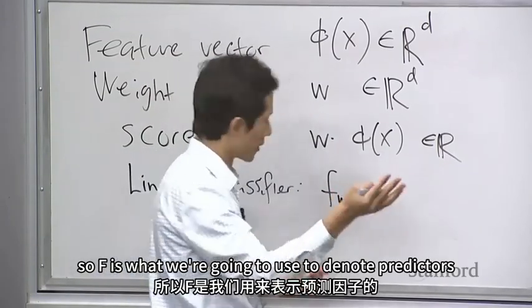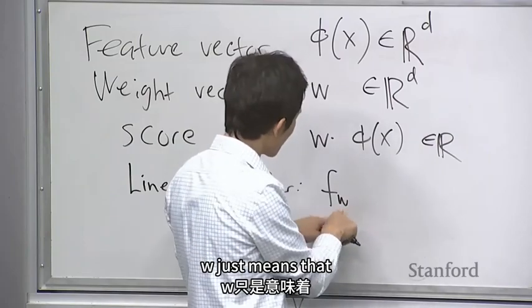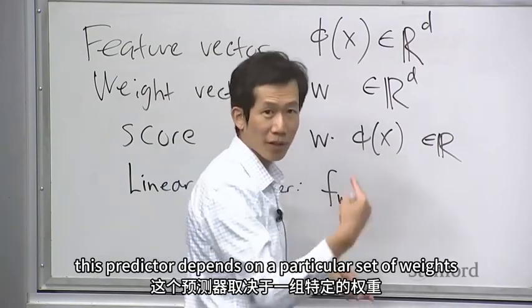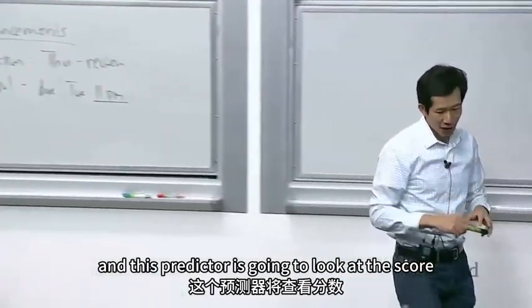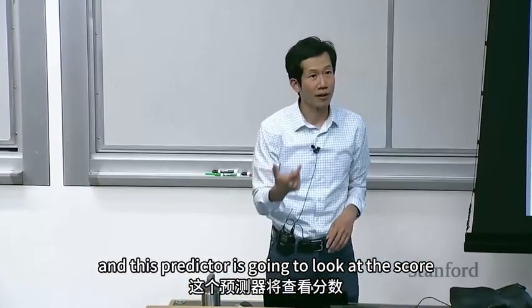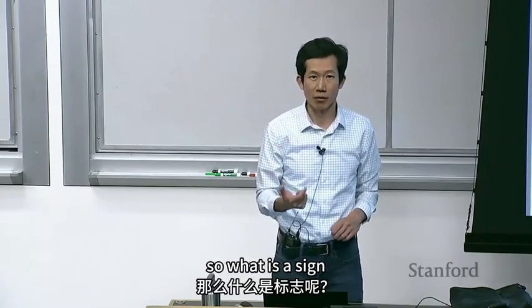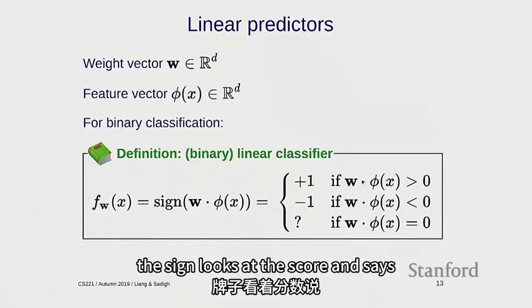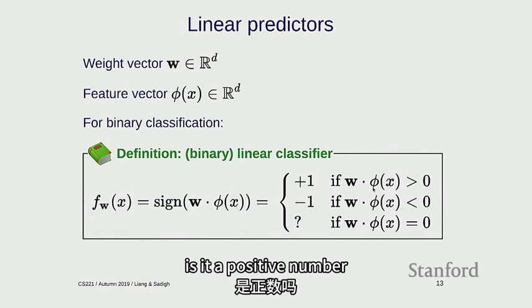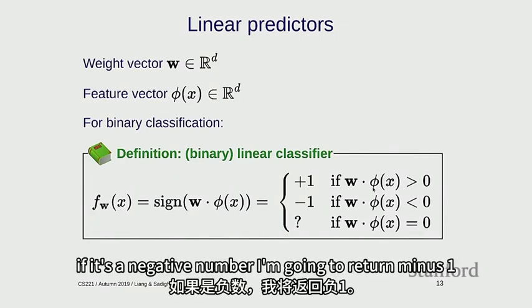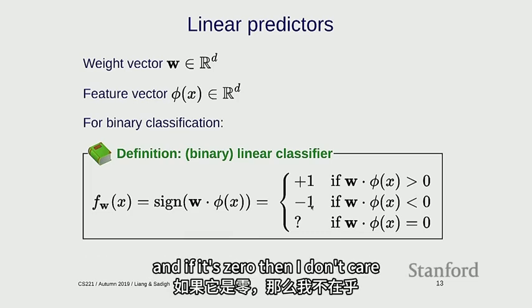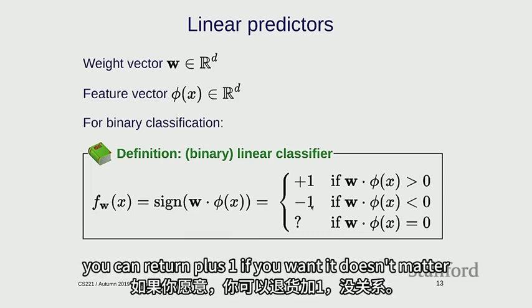So f is what we're going to use to denote predictors. w just means that this predictor depends on a particular set of weights. And this predictor is going to look at the score and return the sign of that score. So what is the sign? The sign looks at the score and says, is it a positive number? If it's positive, then I'm going to return +1. If it's a negative number, I'm going to return -1. And if it's 0, then I don't care. You can return +1 if you want.